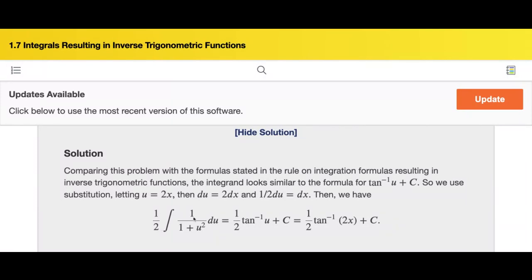We substitute, and we get a half of 1 over 1 plus u squared du. Then we know the antiderivative of 1 over 1 plus u squared is arctangent of u divided by a, which is 1. So arctangent of u plus c. So half of arctangent 2x plus c.